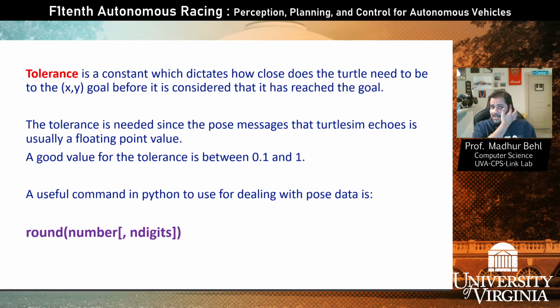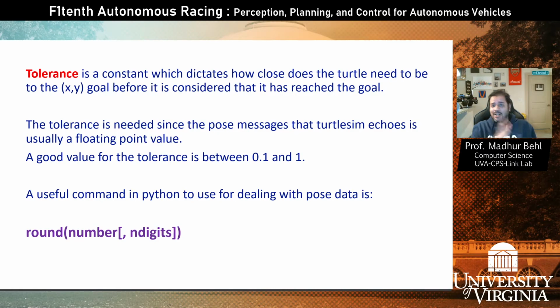A quick word on tolerance. Tolerance is really, like I said, the radius or constant which dictates how close the turtle needs to be to the user goal before we can consider that it has reached the goal. Because remember that the pose of the turtle is some floating point value, and the user's goal maybe is 1 comma 1 in this case. So what if my turtle is at 1.0005 comma 0.9998?